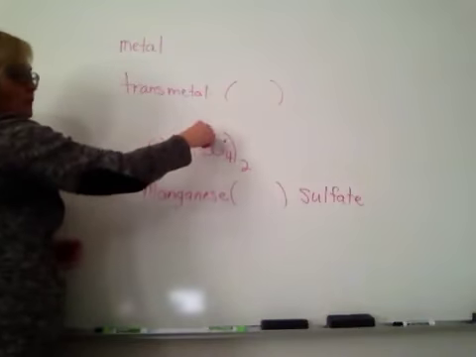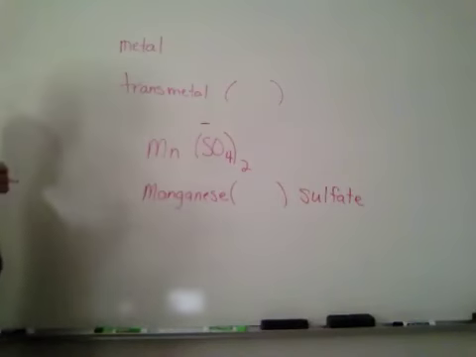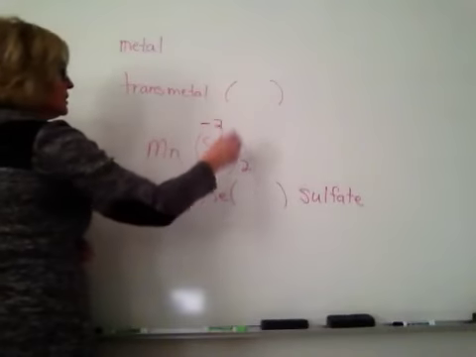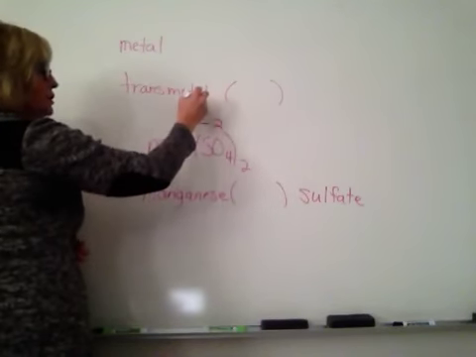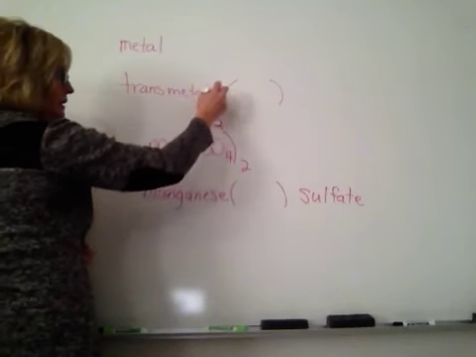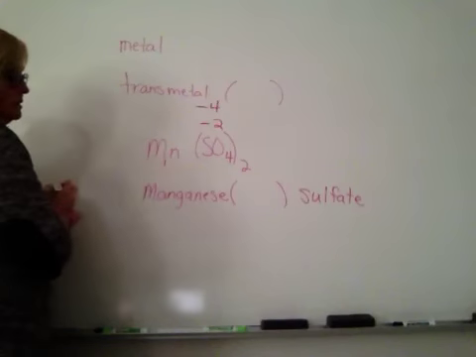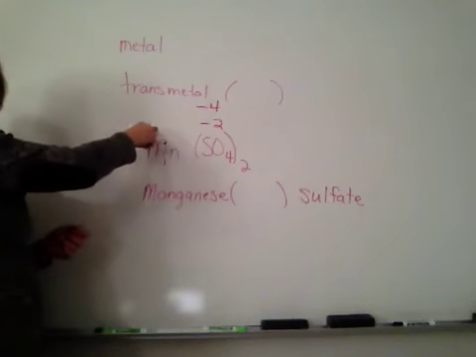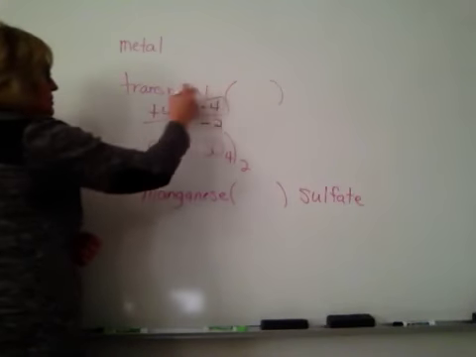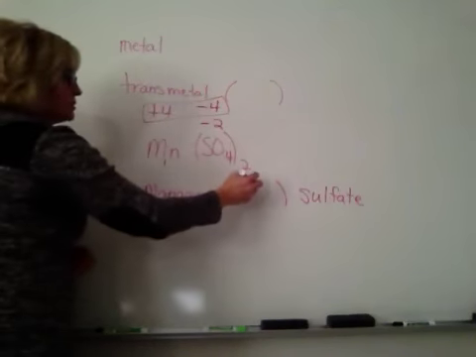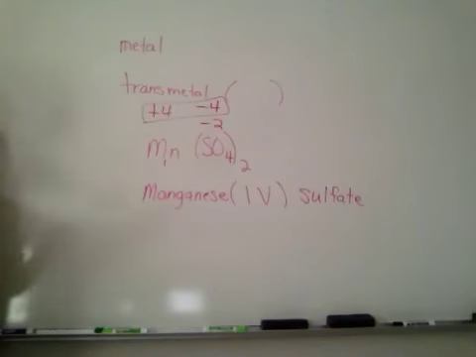What is the charge of sulfate? -2. So I have 2 of these, which gives me an overall charge of -4. I only have 1 of these. What's the charge of manganese have to be? +4. So that those balance. So this would be manganese 4 sulfate.